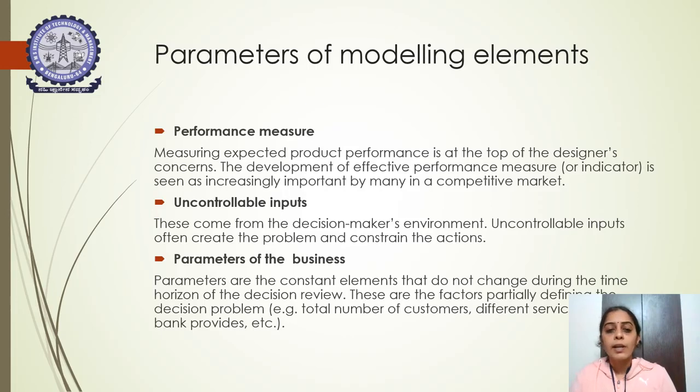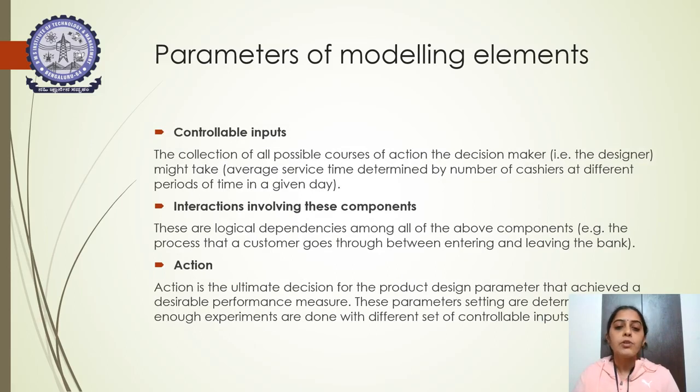These are called constant elements, which are very essential for the business, and even these have to be considered while modeling. And controllable inputs we have dealt with. Usually we won't get problems with controllable inputs because they can be easily controlled, replaced, or omitted if not needed.